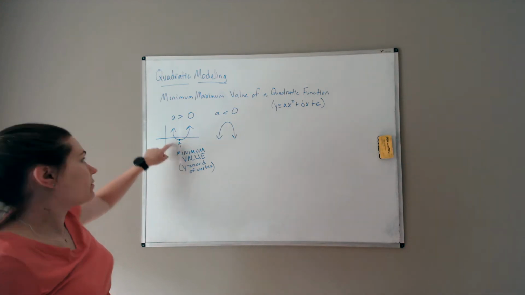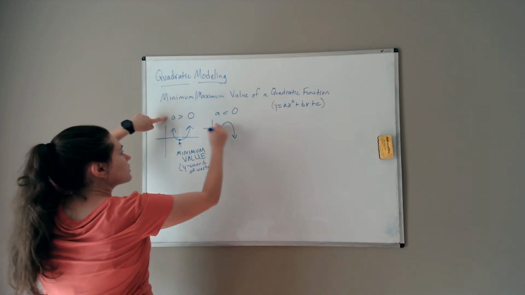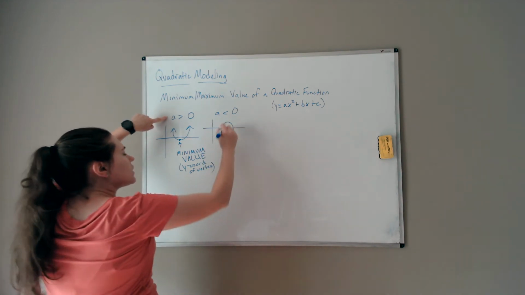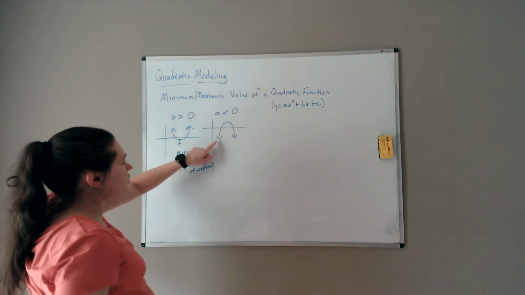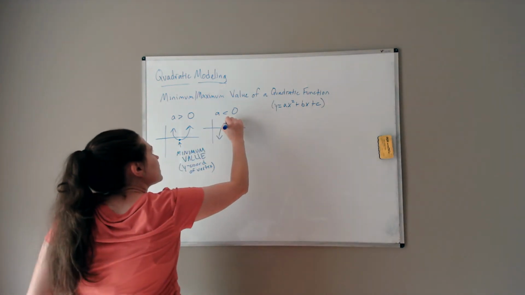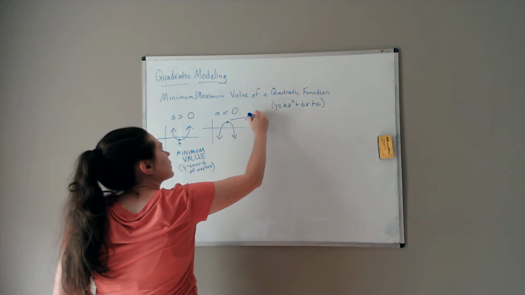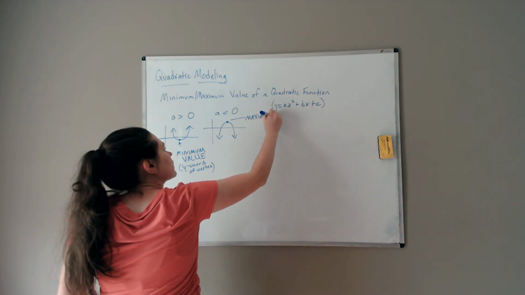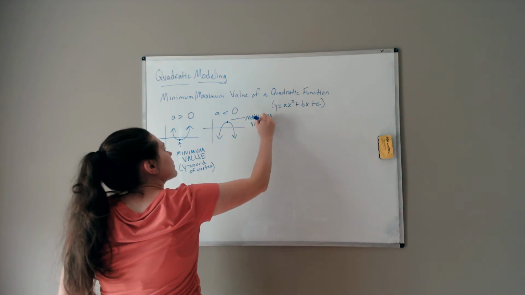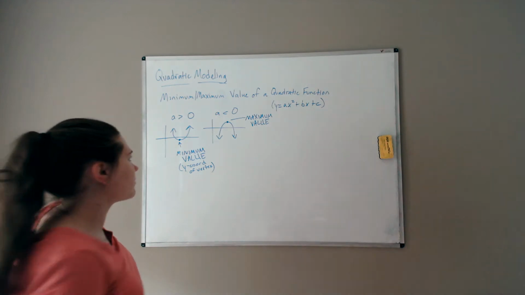You can only have a minimum value when a is greater than 0, because if a is less than 0, your outputs are growing, hit a maximum, and then as x continues to increase, all of your outputs fall from that maximum value.